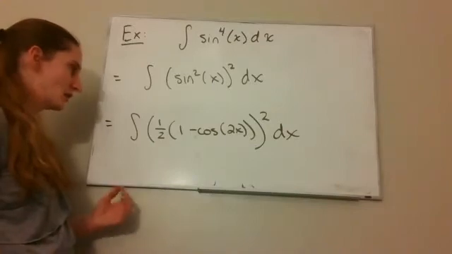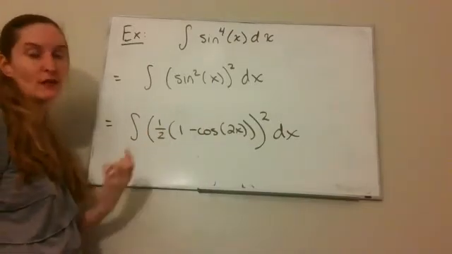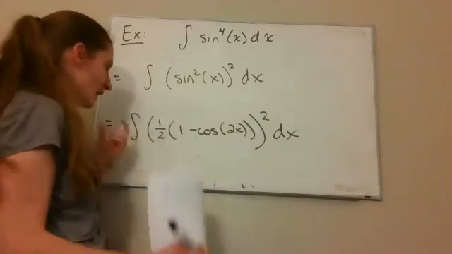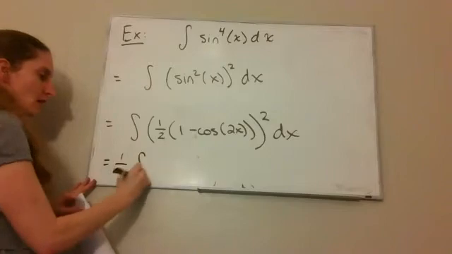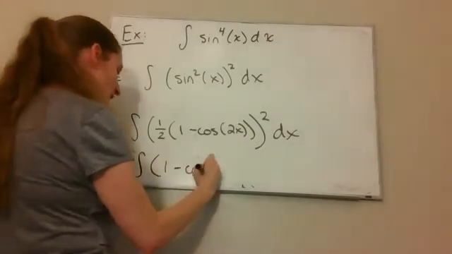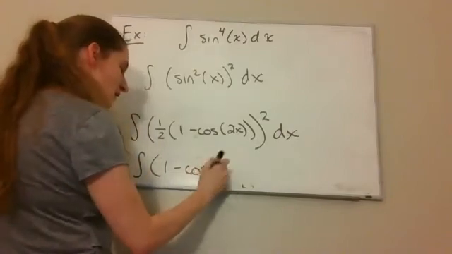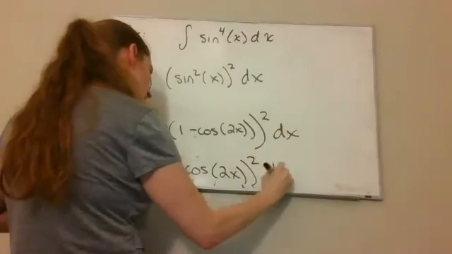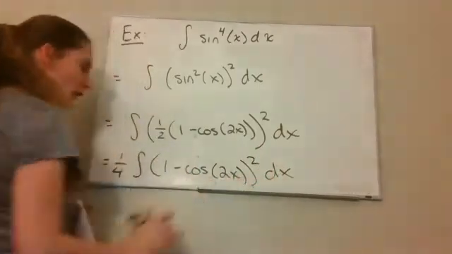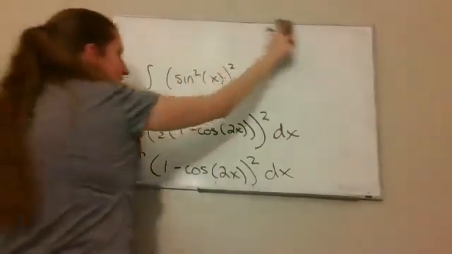So what I can do here, first notice that this 1/2 is going to be squared, so that'll be a 1/4. And I'll pull that 1/4 to the outside. Then I just have to square 1 minus cosine of 2x. And I can square that by distributing. So let's go ahead and distribute.